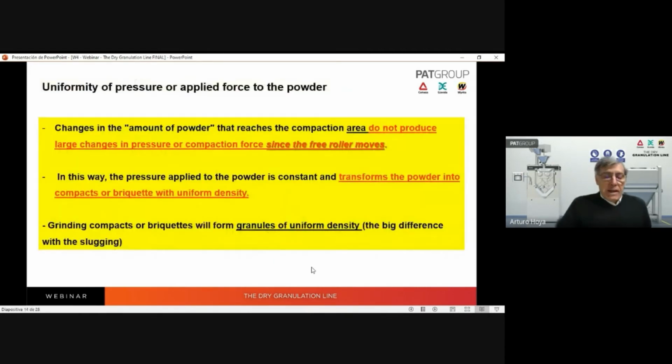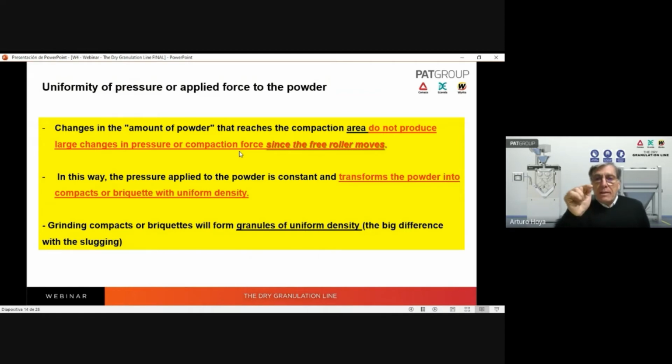Well, here I want to put some questions about this uniformity of pressure or applied force to the powder. This is a very important question, that the powder feels uniform pressure in all the process. So changes in the amount of powder that reaches the compaction area do not produce large changes in pressure or compaction force. Why?